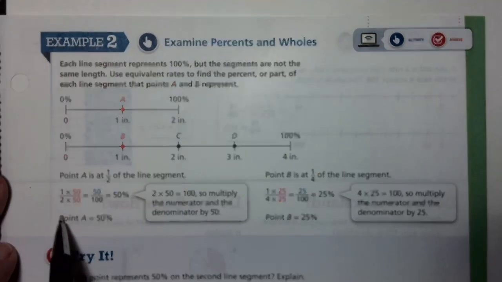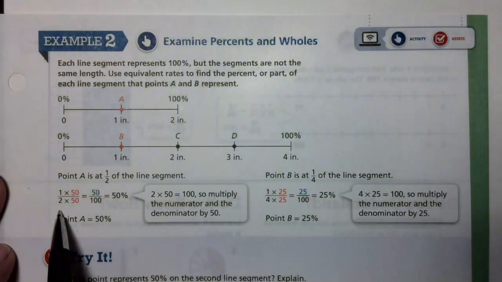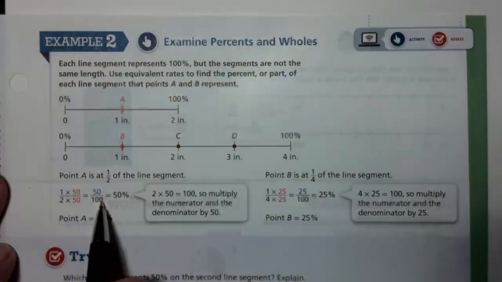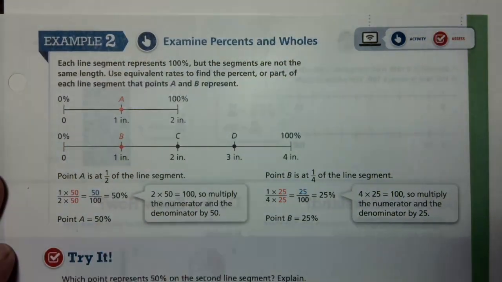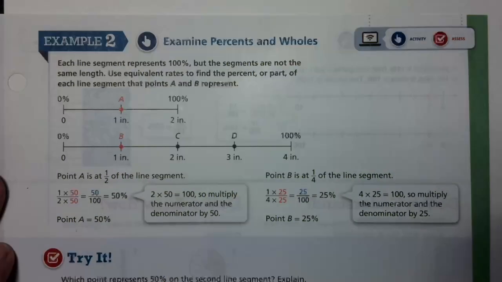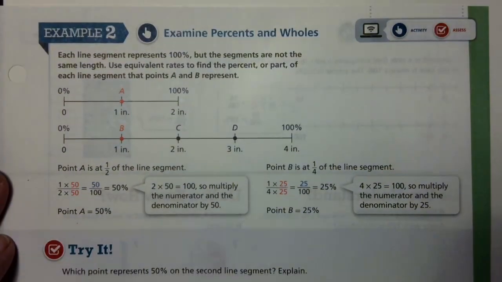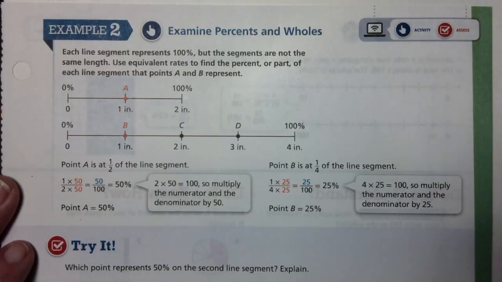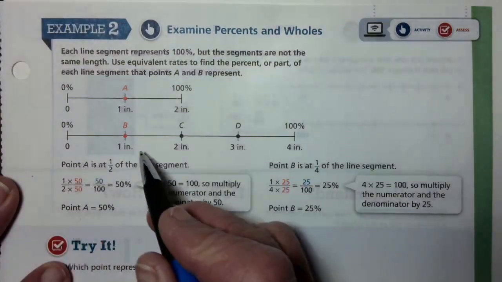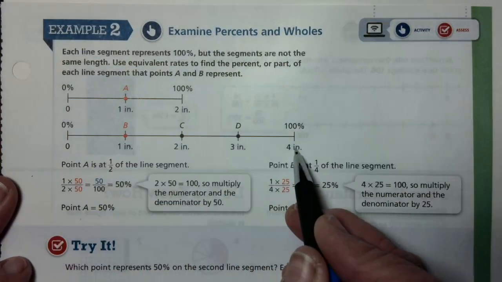Okay, so a half right here turned into 100%. 1 times 50 is 50, 2 times 50 is 100, so it must be 50%. Now, on the next one, they want to know, where's point B? Well, let's see. Here's 1, 2, 3, 4 inches is the total.